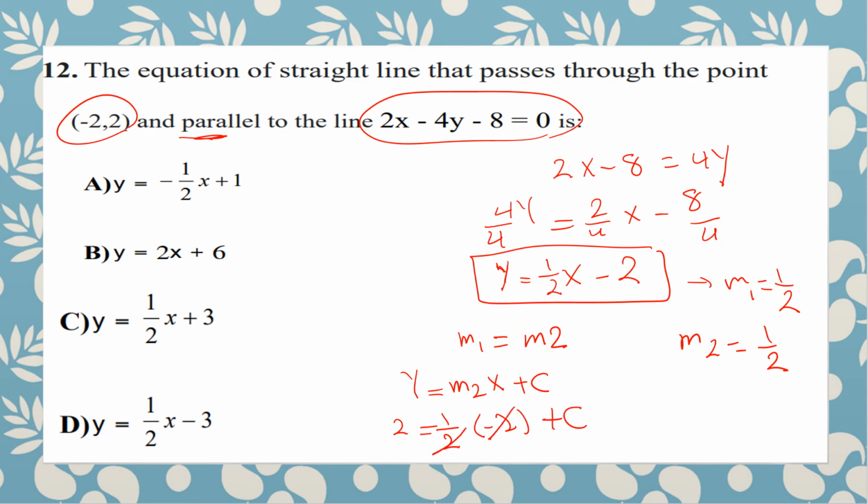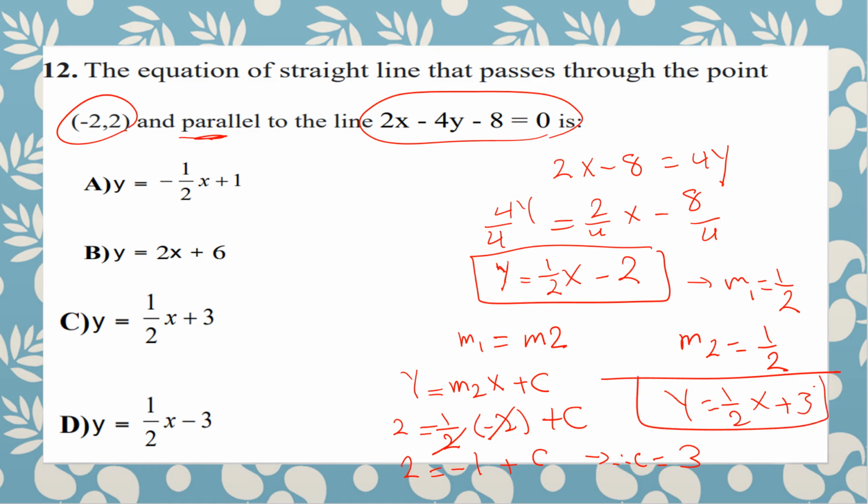So 2 equals negative 1 plus c, then c equals 3. And the equation of the straight line would be y equals half x plus 3. This is the equation of the straight line, and the correct answer is C.